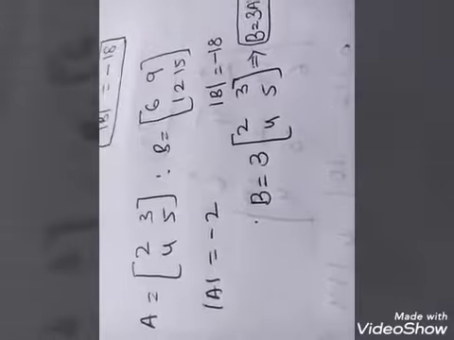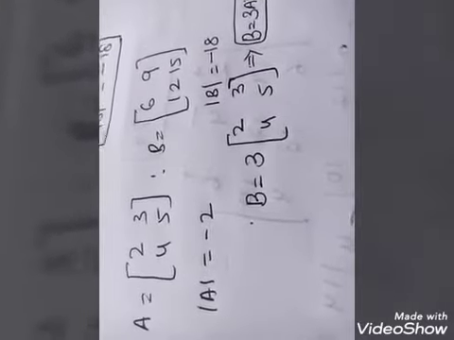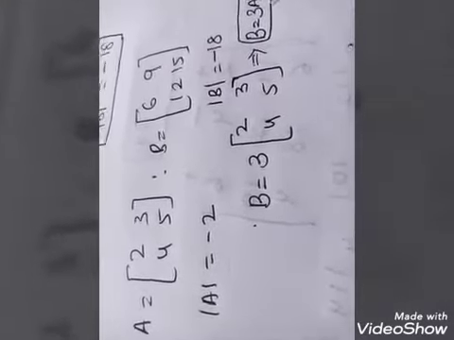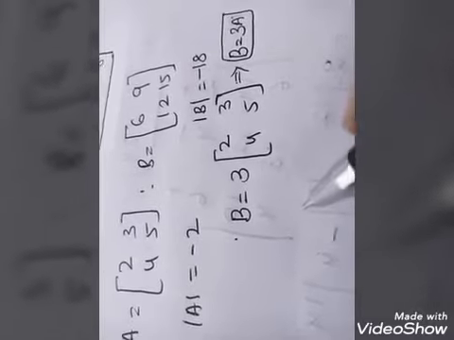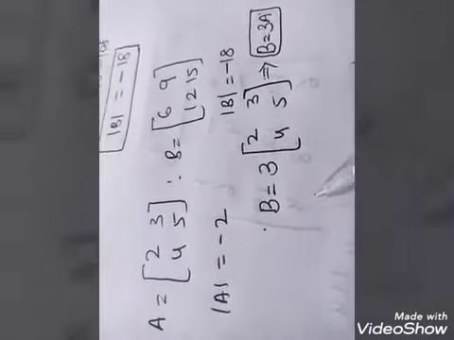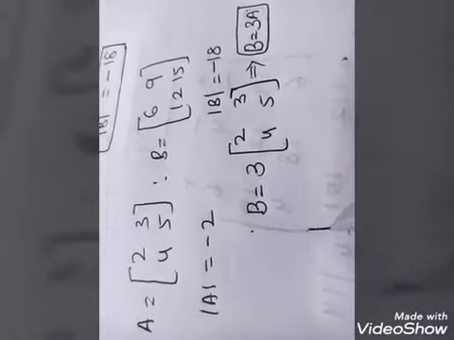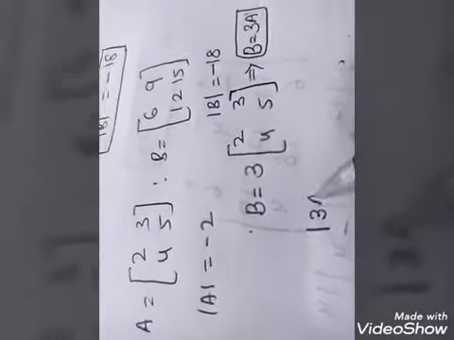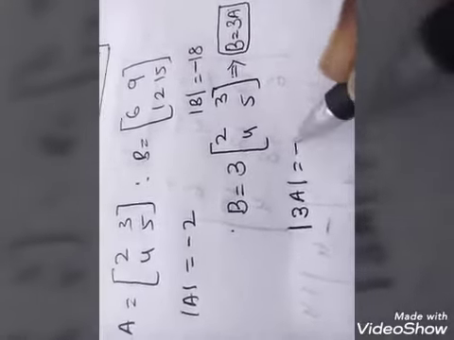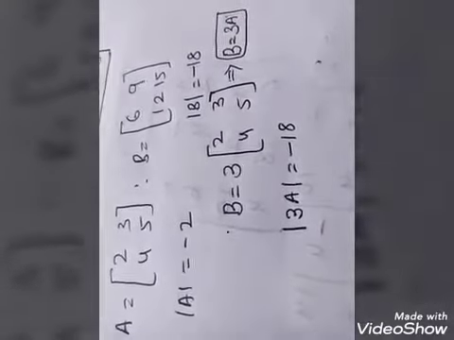Now what can you write here? Det B is equal to det of 3A, which is equal to minus 18.